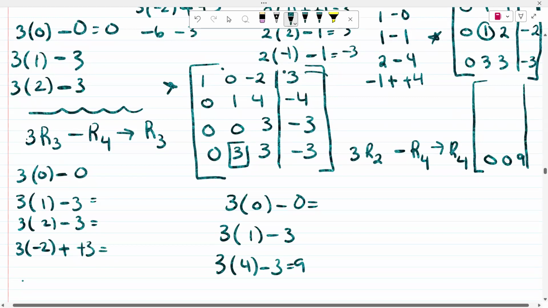And then the last number in row 2 is -4, minus the last number in row 4, which is -3. So 3 times -4 is -12, plus 3, which is -9.